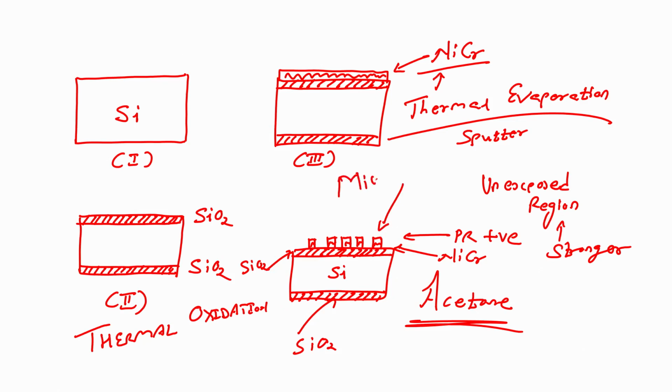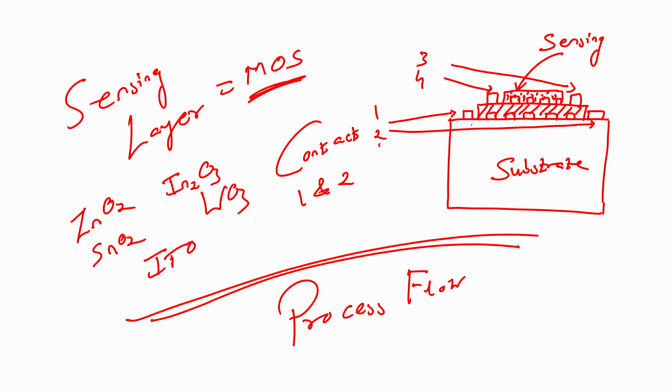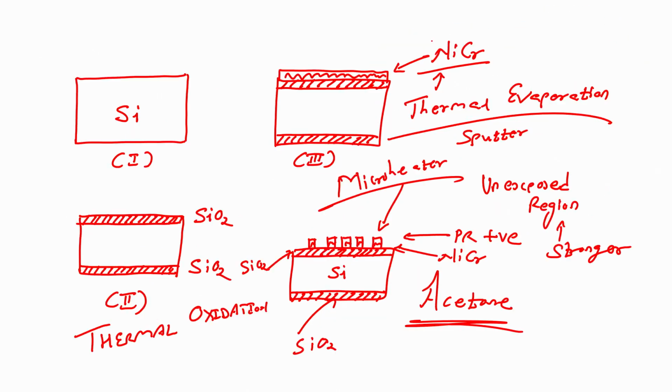But what do I want? I want a substrate with a micro heater, heater contacts 1 and 2, and a sensing layer and electrodes, right. So, once I have a substrate with micro heater, let me draw it here.